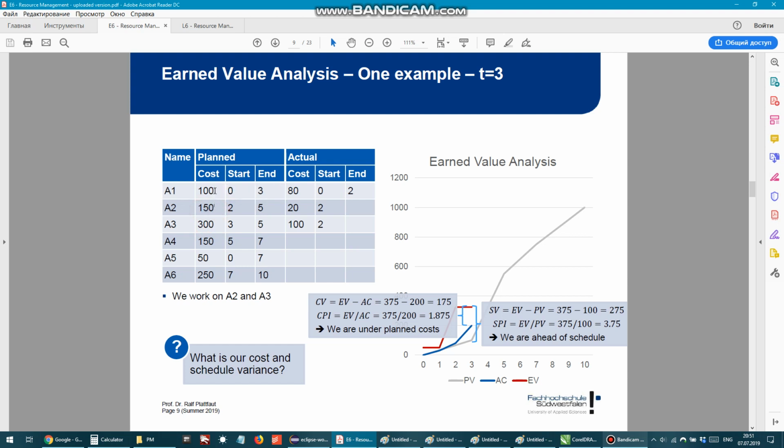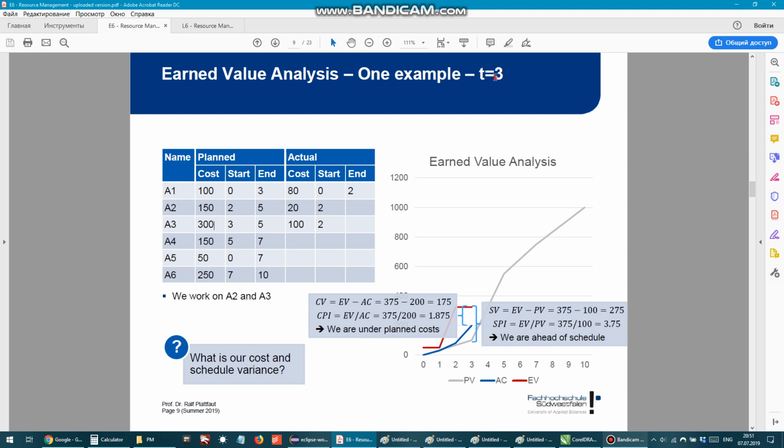So we have 100, 75, and 150, that in total make 325.